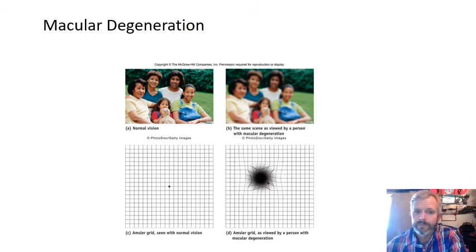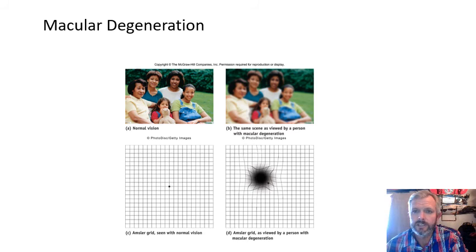Since that is your brightest region, your eye is trained. Your eye muscles are trained and your refraction is trained to focus that light on the macula and specifically the fovea centralis.